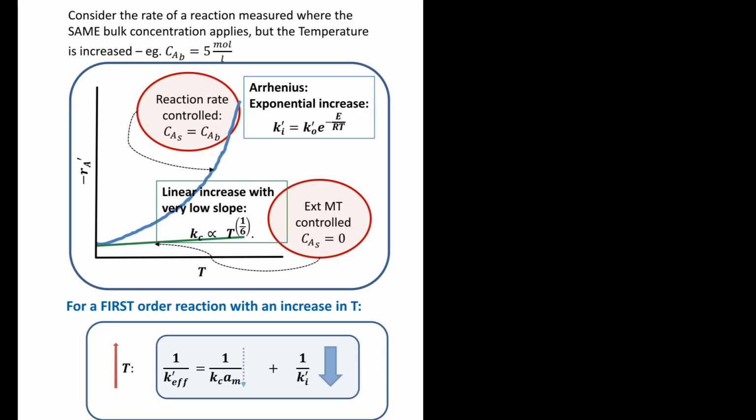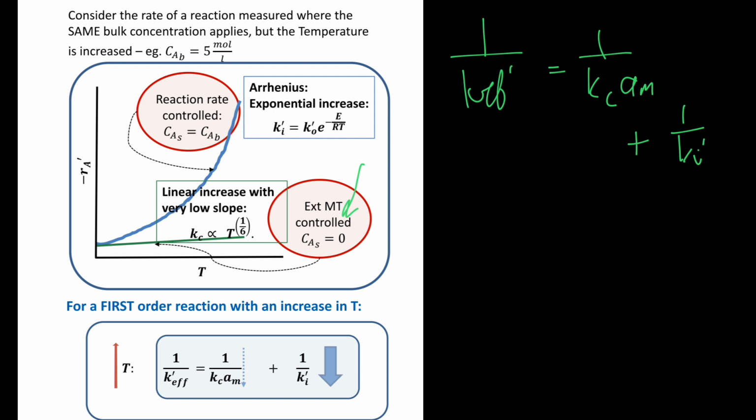However, when I am in the regime where external diffusion controls my rate, so for a first order reaction, my effective rate constant is equal to the mass-based external diffusion rate constant, or that resistance due to the intrinsic reaction rate is so low that that term falls away. It implies that my surface concentration pretty much goes equal to zero.